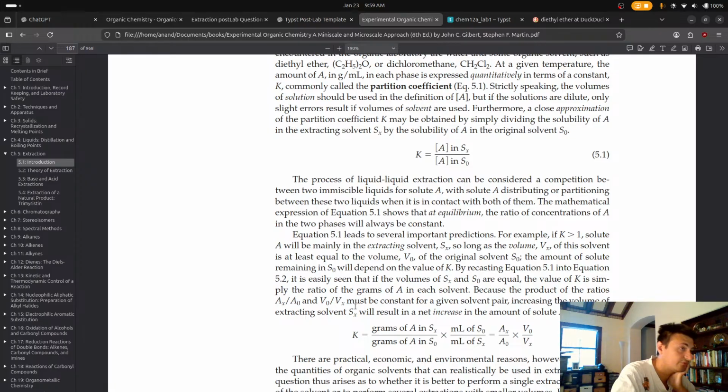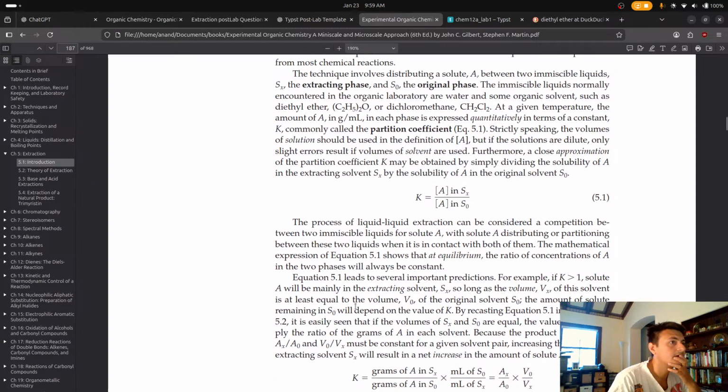K is 2 for water as the extracting solvent, and let's just say diethyl ether is S original.